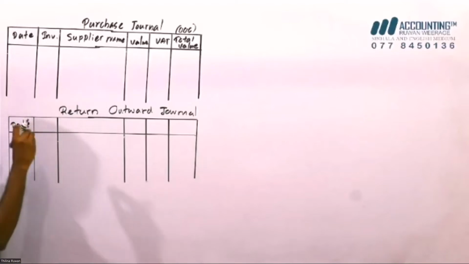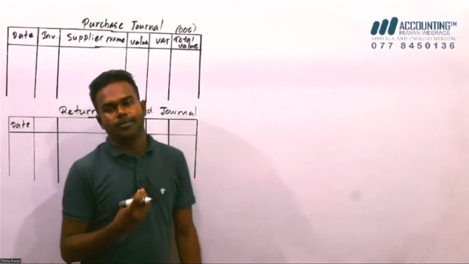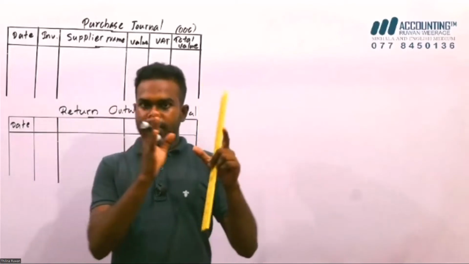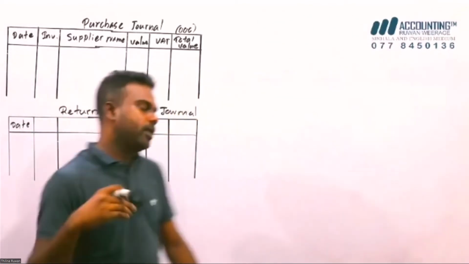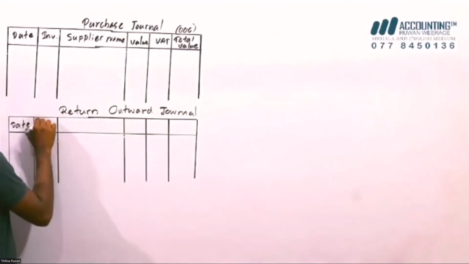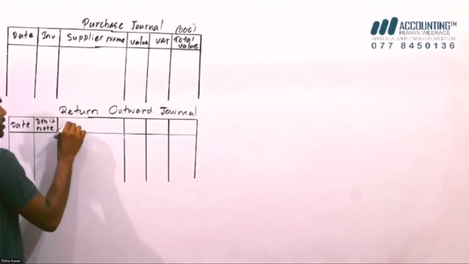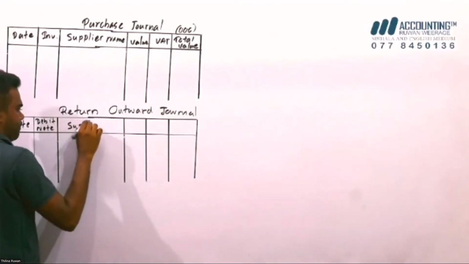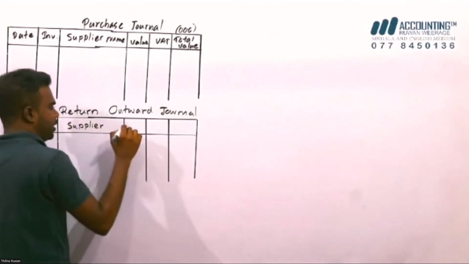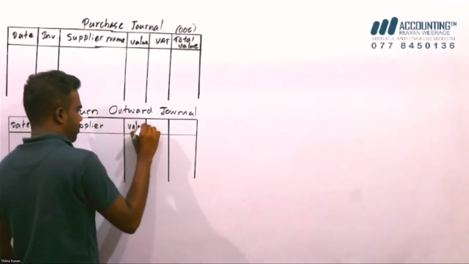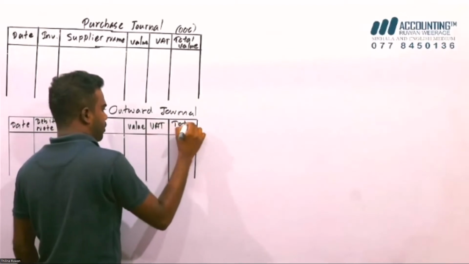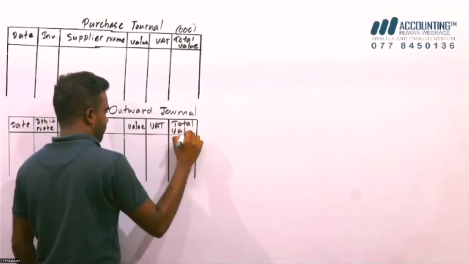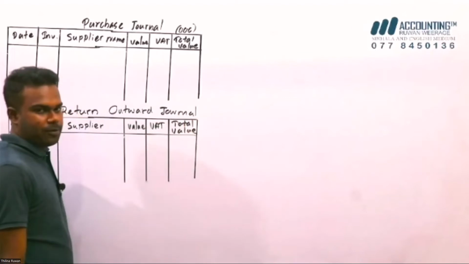So what is the return outward source document? When purchasing, we debit the purchase account, then for returns it is the debit note, right? Debit note. Then supplier. Here value column again, VAT column, and total value column.